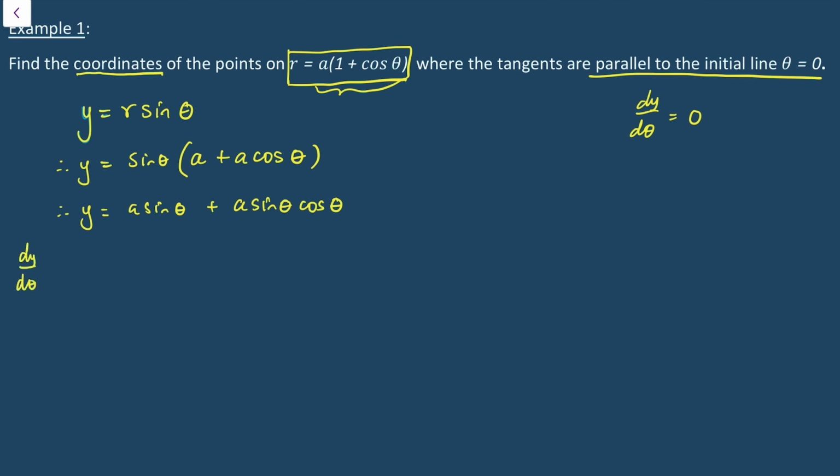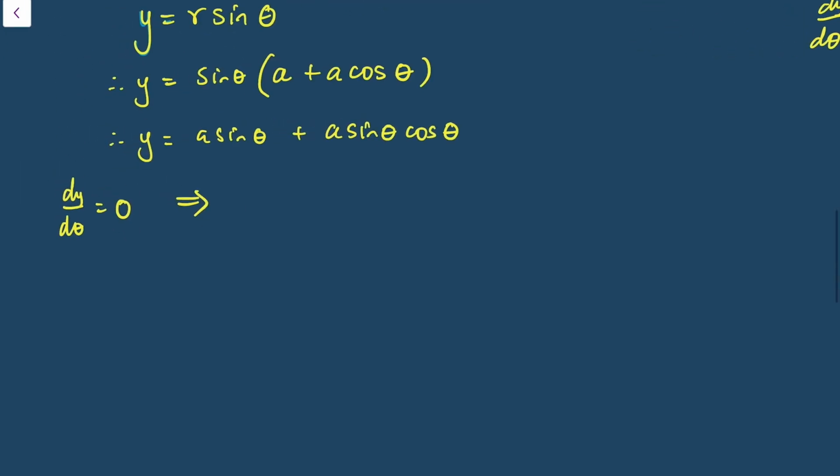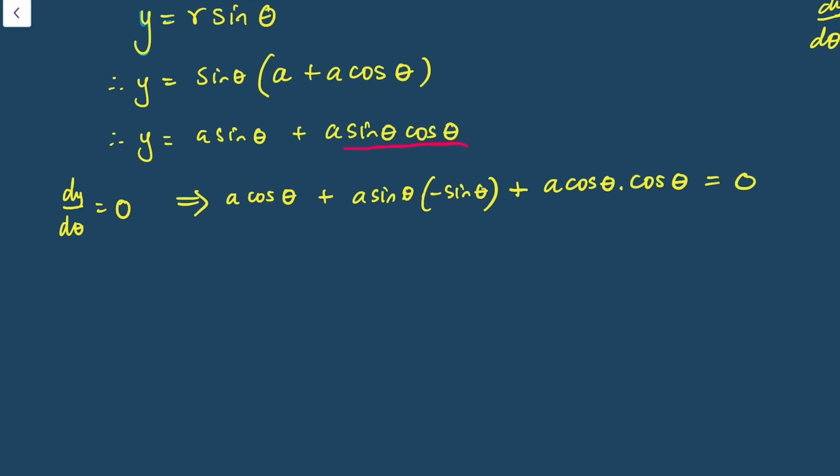So I know I want the point where dy/d theta is equal to 0, and so therefore where a cos theta, and here I need to apply the product rule. So it's the first term sin theta times the derivative of cos theta, which is negative sin theta, plus the derivative of the first term, which is cos theta, times the second term cos theta, and where that's equal to 0.